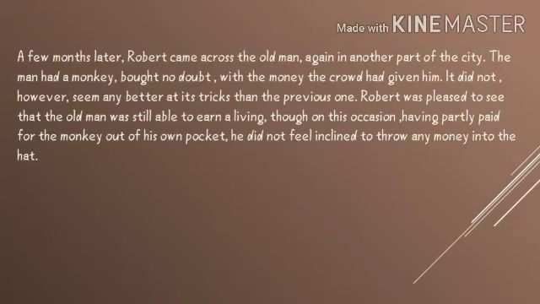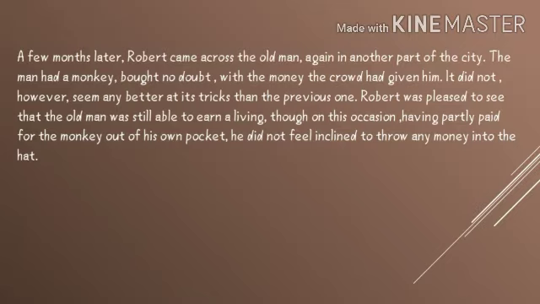Okay, what happened? Now, after some months, Robert found this old man again in another part of the city, and this old man had a monkey, and this monkey was performing tricks. Robert was happy that this old man was able to make a living now, after buying another monkey from the money the crowd had given him.